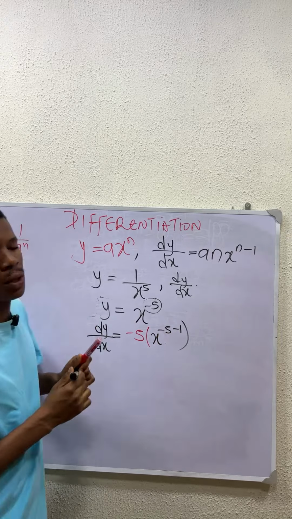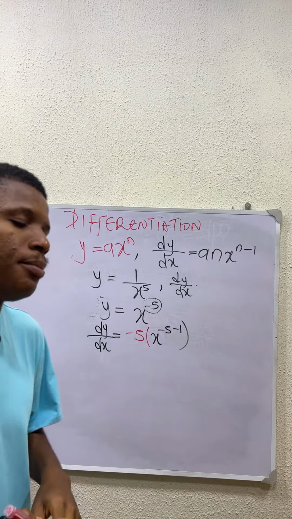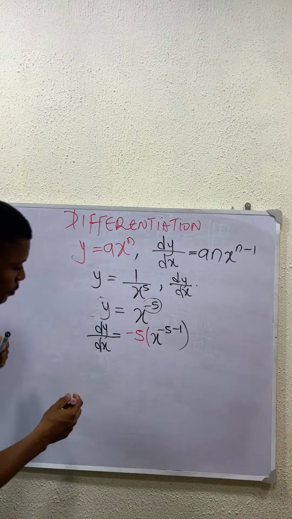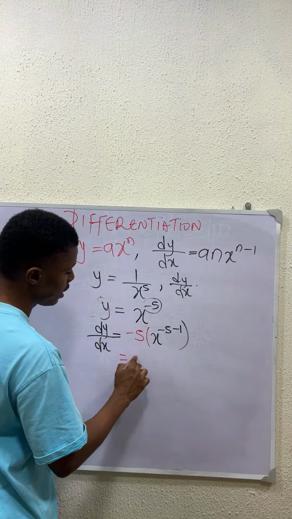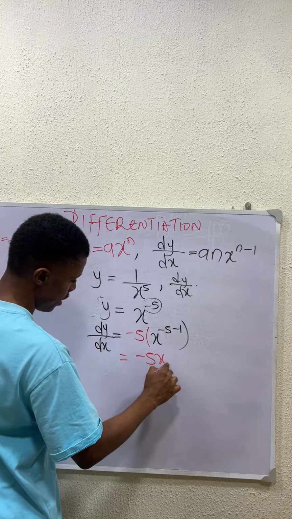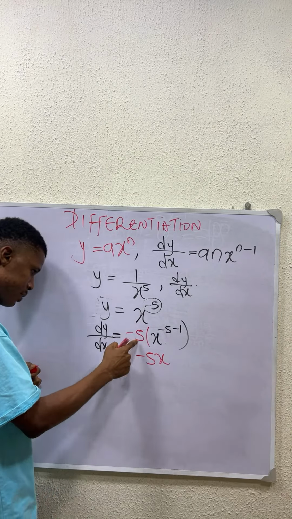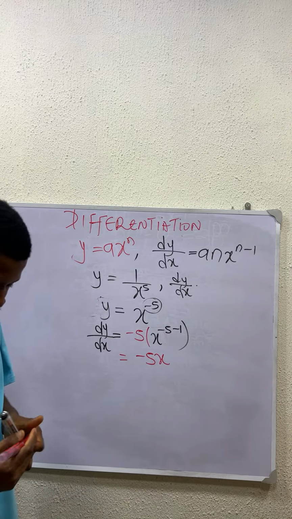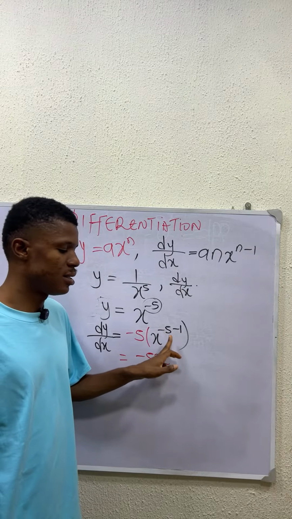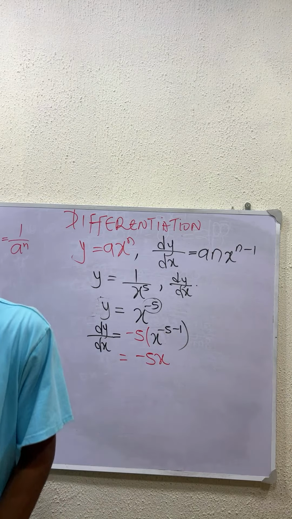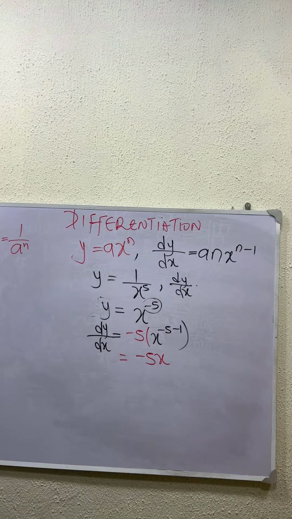Remember, we always subtract 1 from the power. So the answer is minus 5x to the power of minus 5 plus minus 1. What is minus 5 minus 1?